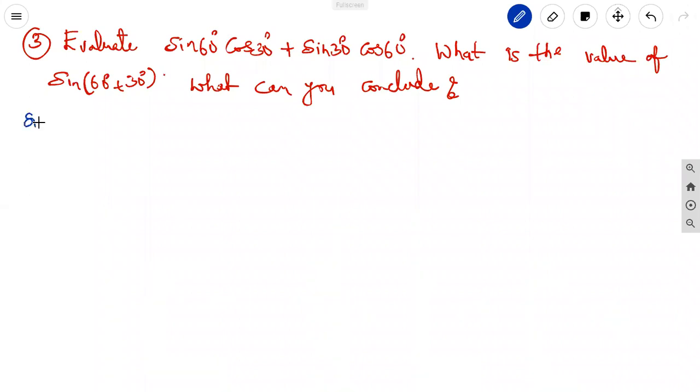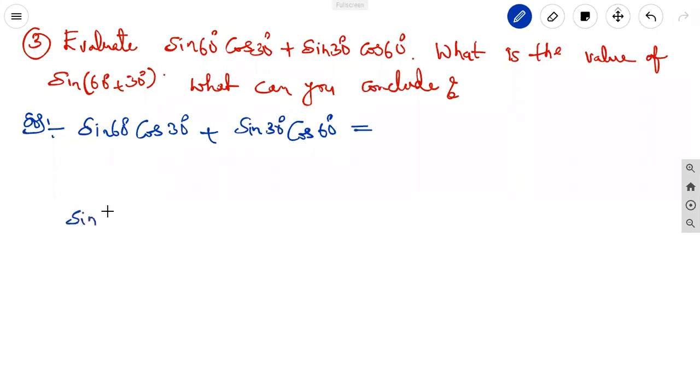The third problem is evaluate sine 60 degrees cos 30 degrees plus sine 30 degrees cos 60 degrees. And again we can find out the sine of 60 plus 30 degrees.